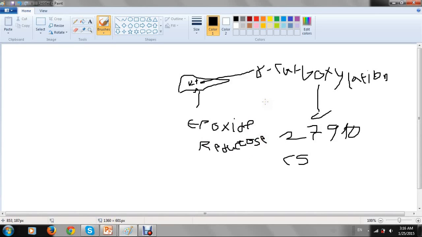So again, vitamin K is required to make 2, 7, 9, 10, C and S.